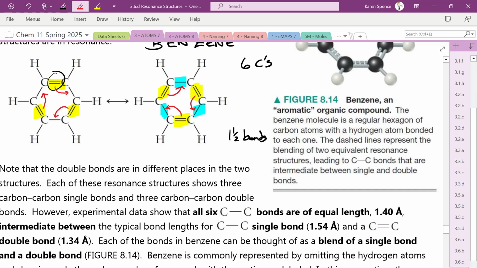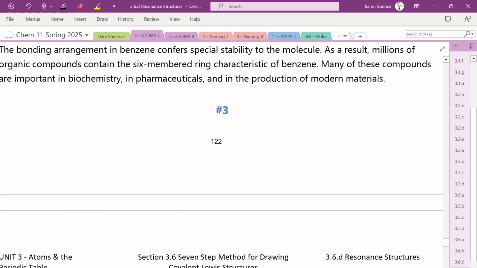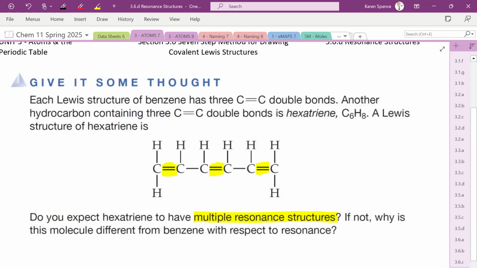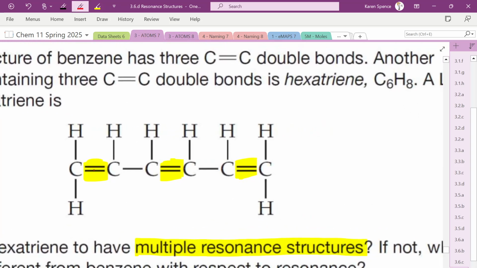Let's see if we can do that same thing with hexatriene, okay? Let's say that I took this bond here and I moved it next door, okay?